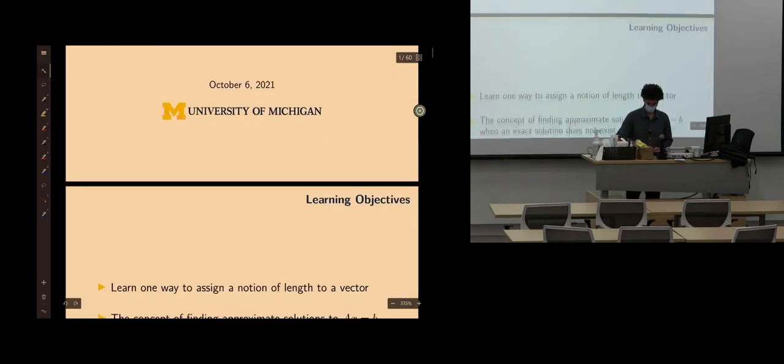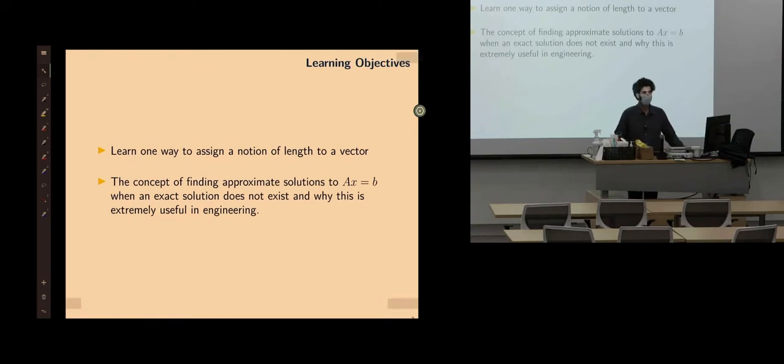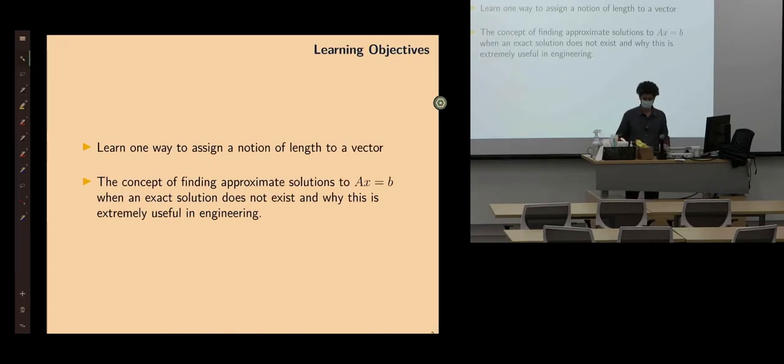Let's see. Our learning objectives are we want to learn a way to assign the notion of length or magnitude to a vector. We talked about vector spaces in the previous chapter.